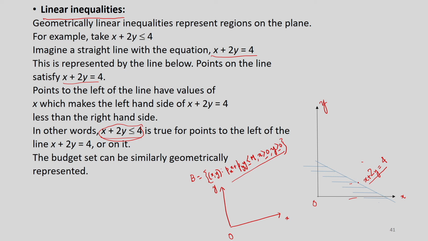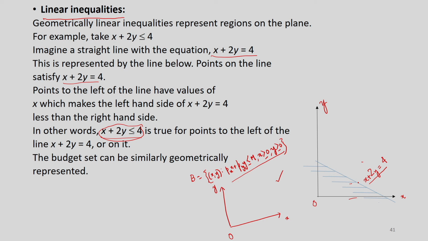Now, notice x should be greater than or equal to 0 and y should be greater than or equal to 0. That means we are going to be in the first quadrant only. Okay. In the other example, the first example, x plus 2y less than or equal to 4, our x and y could have taken points from any of these quadrants, right. x and y could have been negative also, but here that is not allowed.